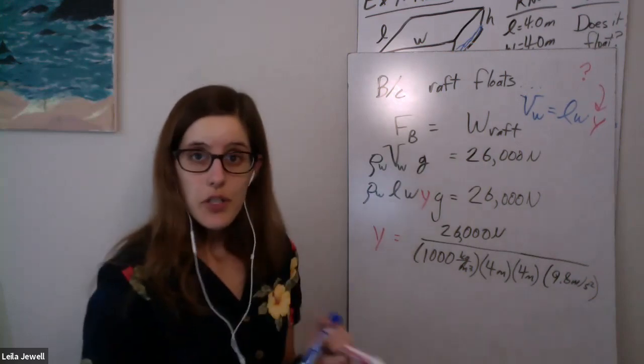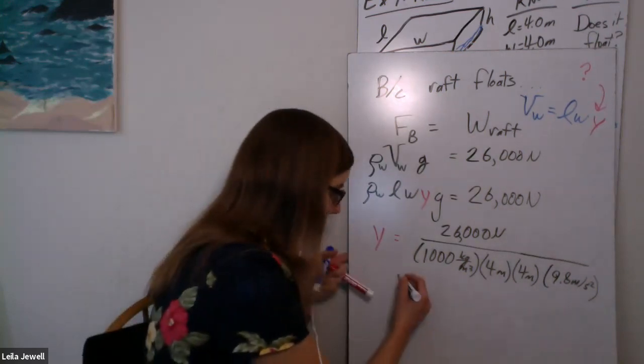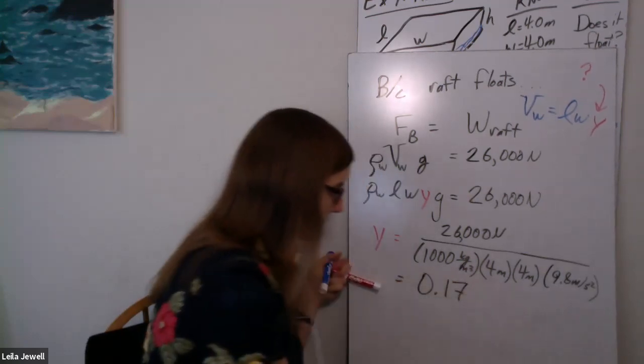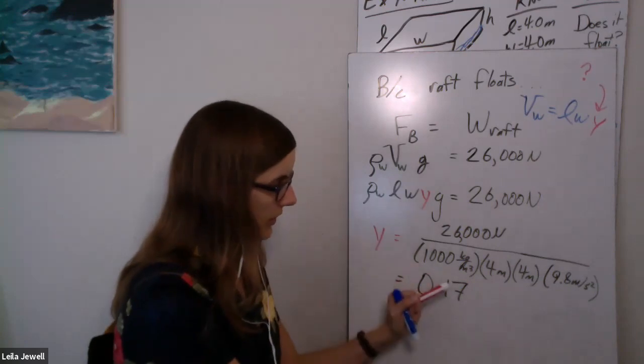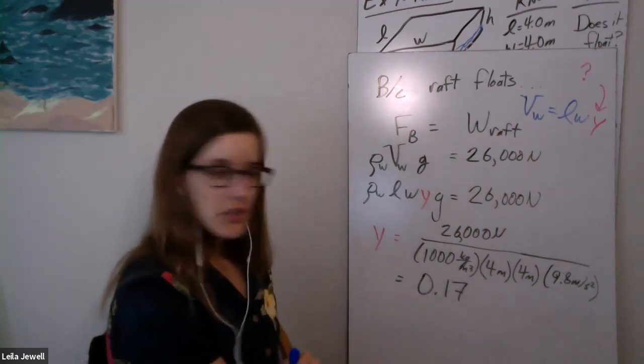With each of those terms, you should be able to calculate that this y value comes out to 0.17. And the units even do work out to come out to meters, believe it or not.